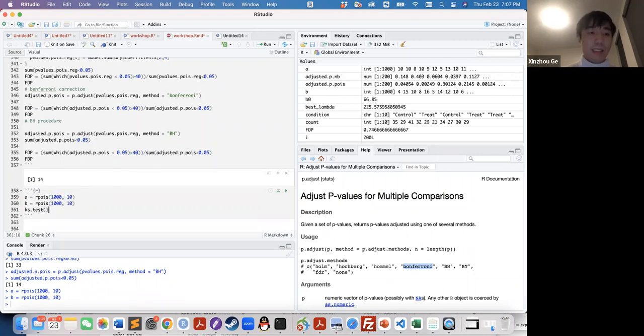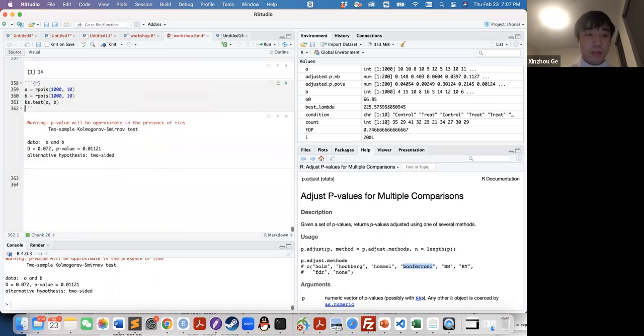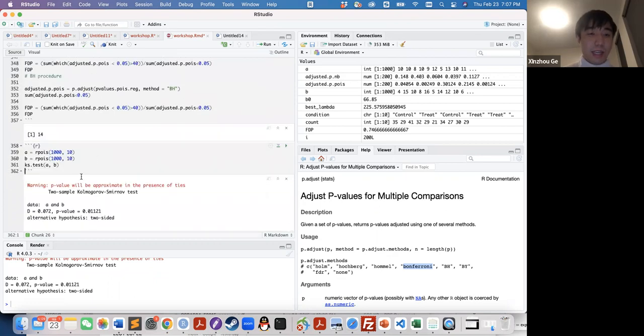You can use the KS test to see whether these two are from the same distribution. And we can see that the KS test p-value is 0.01.